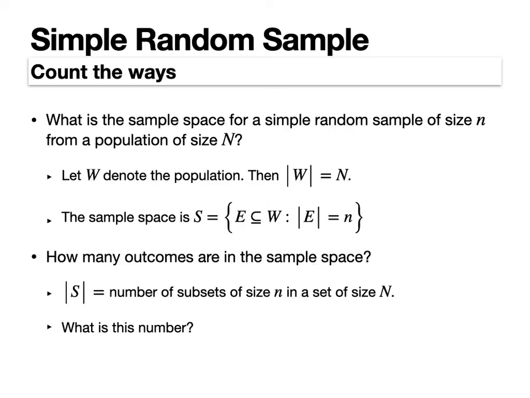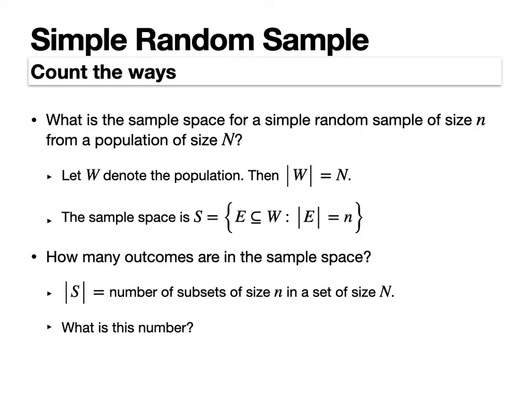So what's the sample space for a simple random sample of size little n from a population of size big N? Well, if you think about the population itself, let's denote that by W. W just stands for the whole, the population, right? Then the cardinality of W would be capital N. But the sample space is different than W, right?